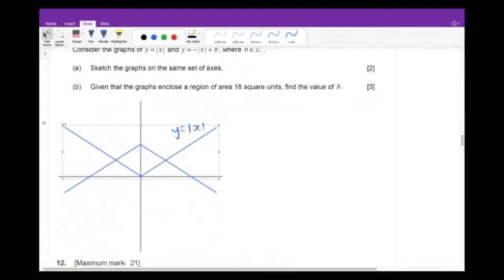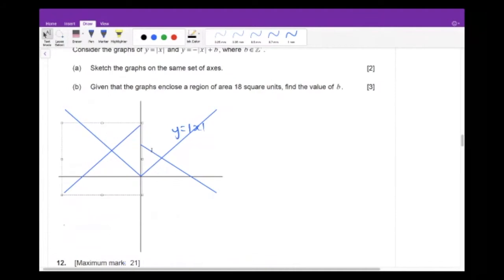The only thing about this is it should be at 90 degrees here, because we know that y equals x and y equals minus x are at 45 degrees to the x-axis. Okay, so this would be the 2 marks here, and this would be our b.